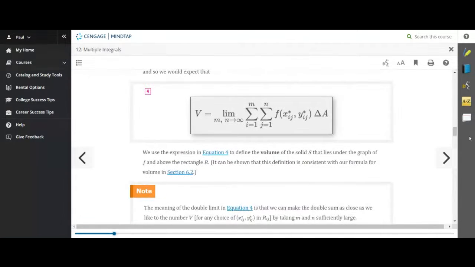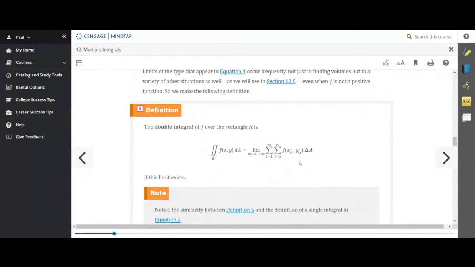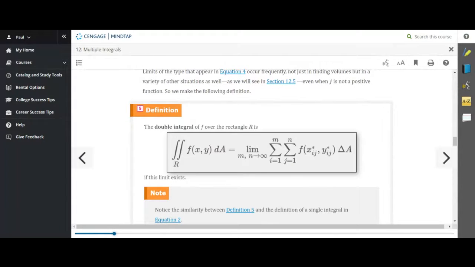This limit as m and n go to infinity is going to give you the true volume between that surface and the xy plane. And so that's the definition of the double integral.